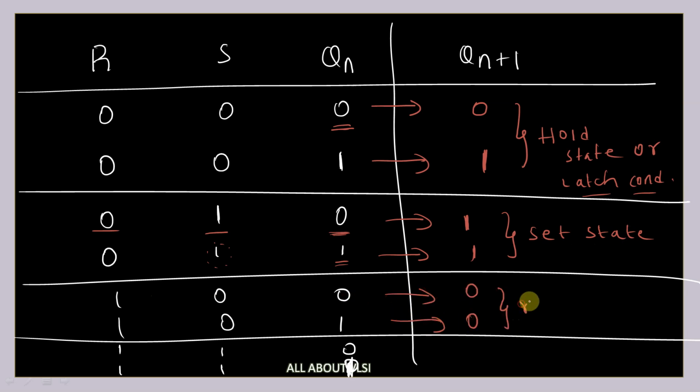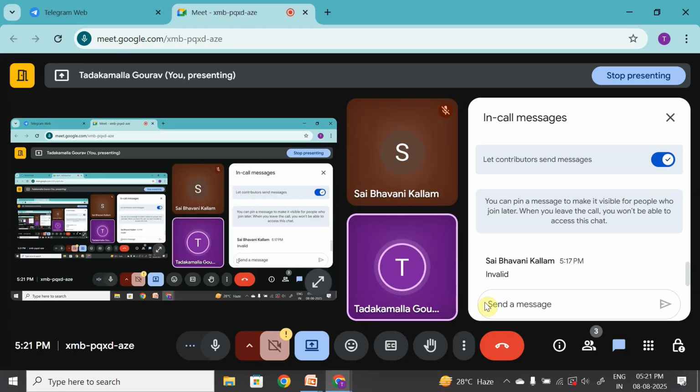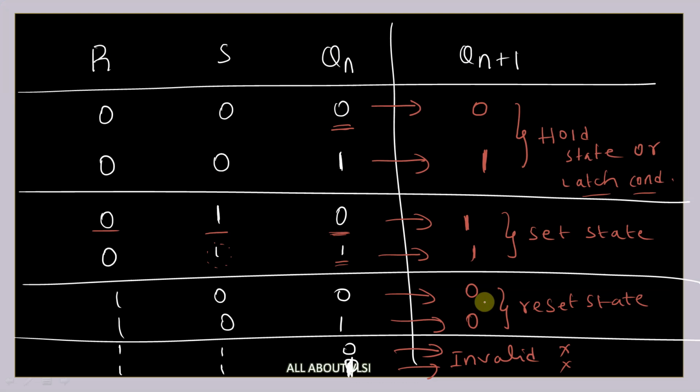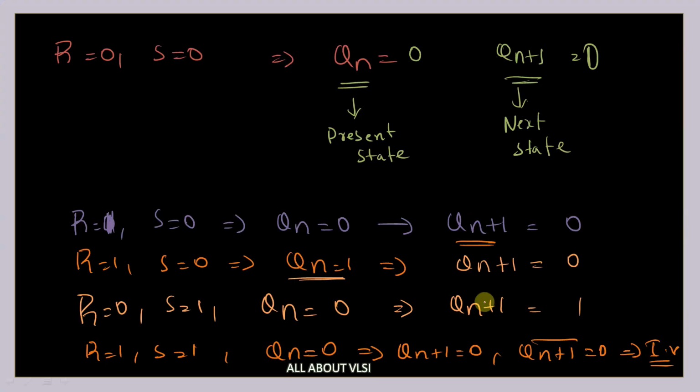So this is nothing but our reset state. And these two are our invalid states, so I'm going to write don't care here. So this is nothing but our RS latch. Is this clear?